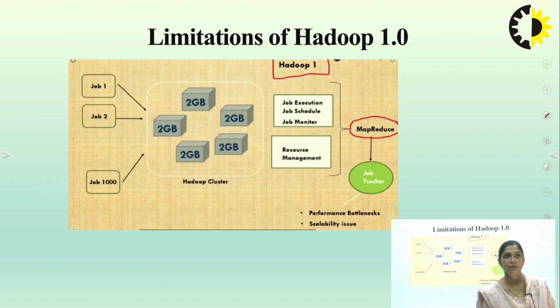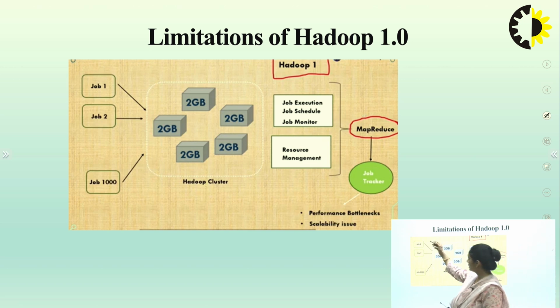First of all, we will understand what the limitations in Hadoop 1.0 are. As I said in the previous slide, MapReduce and HDFS were the only two components we were using in Hadoop 1.0. So what are the limitations in Hadoop 1.0, due to which YARN was introduced later on?